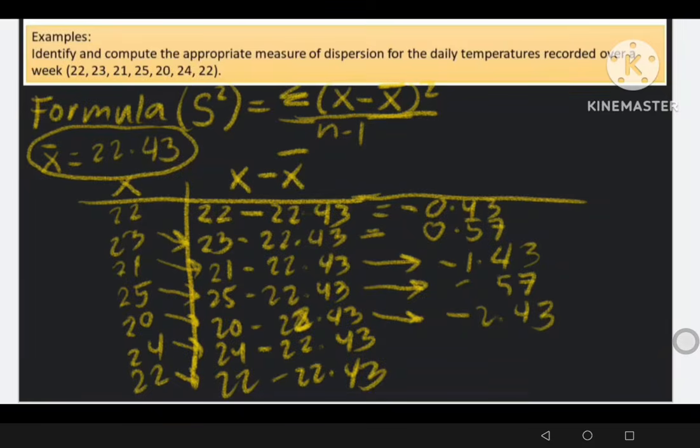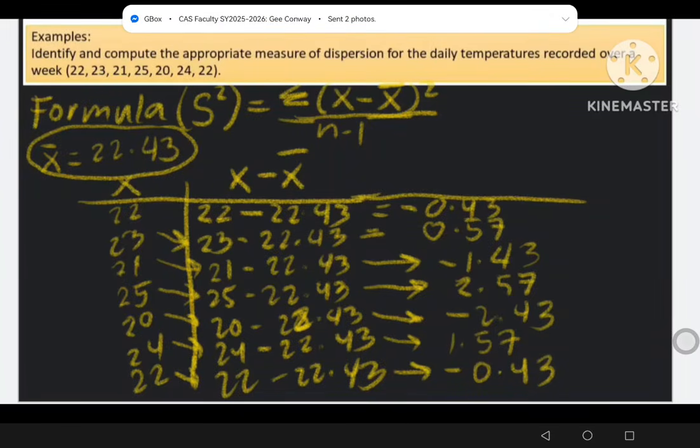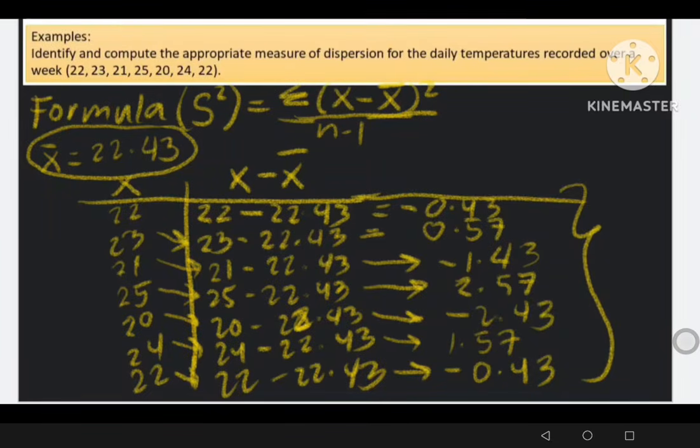Next one, 24 minus 22.43, we have 1.57. And then the last one, 22 minus 22.43, we have negative 0.43. So these are our x minus x bar answers: negative 0.43, 0.57, negative 1.43, 2.57, negative 2.43, 1.57, negative 0.43. Okay, take note of that.